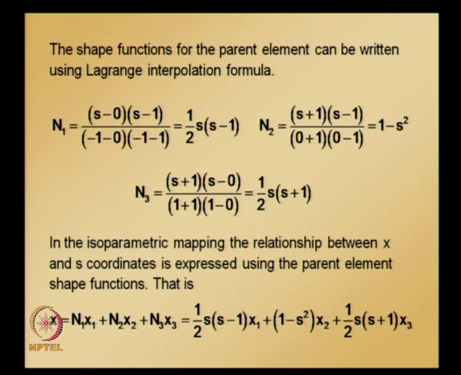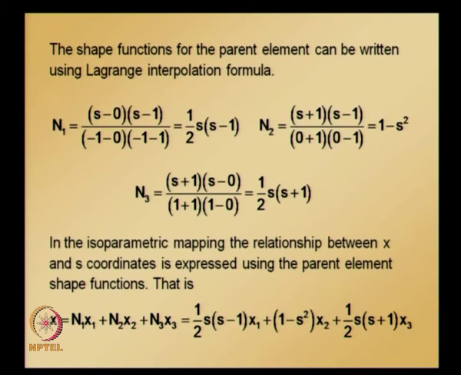And by substituting s is equal to -1 in the relationship between x and s, we get x is equal to x1. By substituting s is equal to 0, we get x is equal to x2.